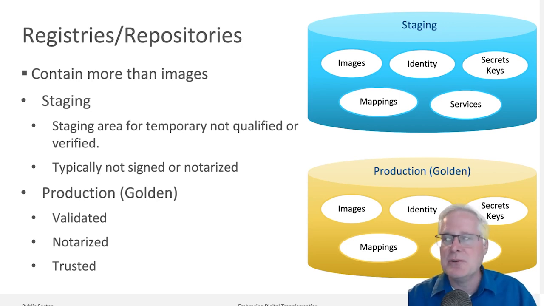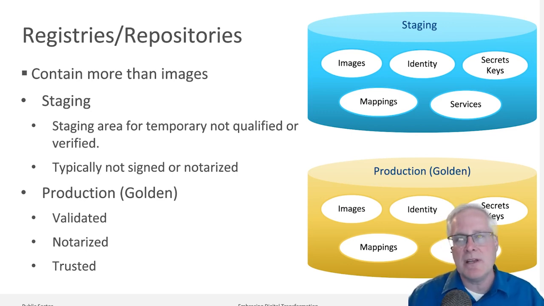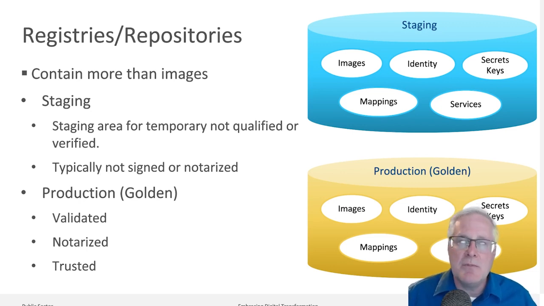Staging, I prune all the time too. I get rid of old images that aren't being used, where maybe the container that is described by that image failed all its tests. After some time and debugging's done, I get rid of those images. And production, you want to keep those things around. You want to be able to go back to previous versions as you need to. Policies are different on staging repositories than production repositories.